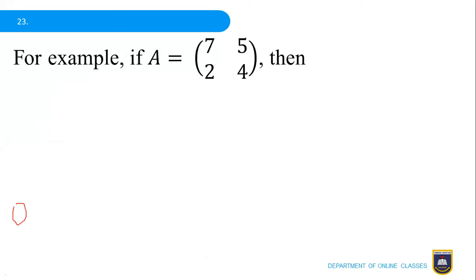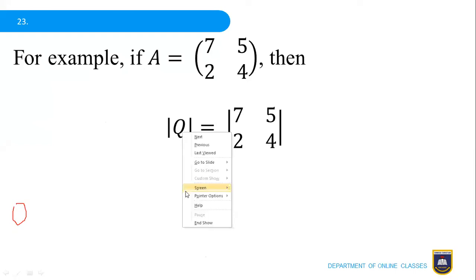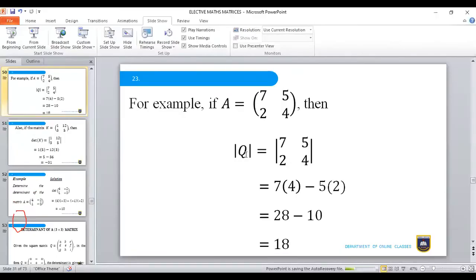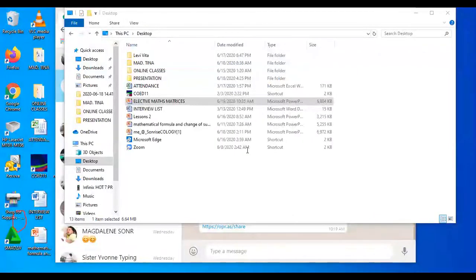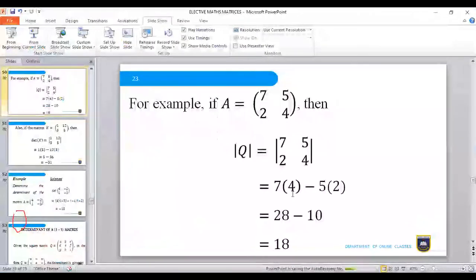Example, if A equals [7, 5; 2, 4], then now let's find the determinant. Determinant of A will be equal to [7, 5; 2, 4]. Now we do the multiplication.